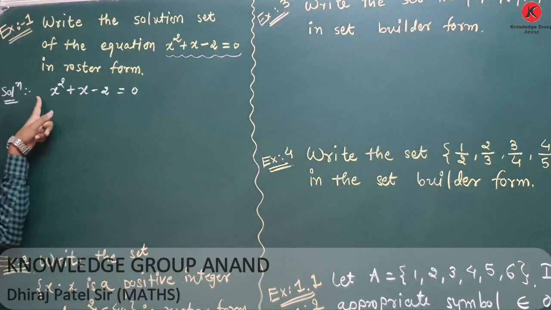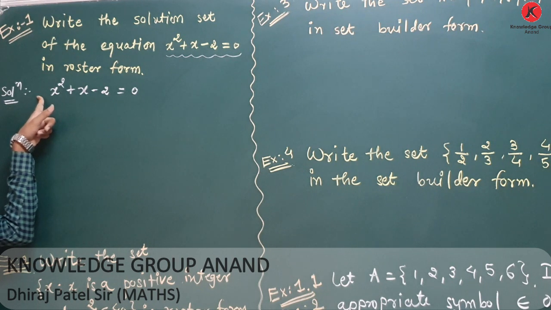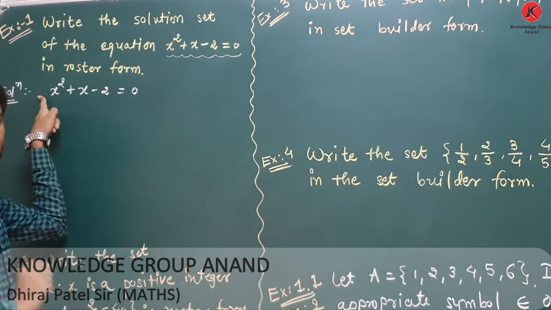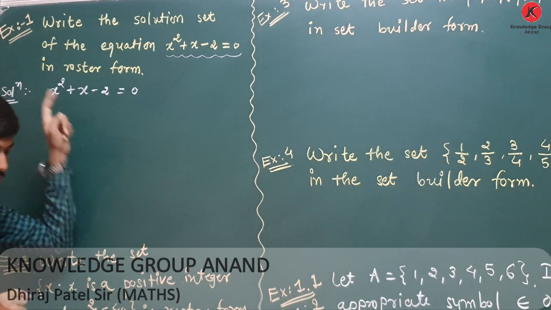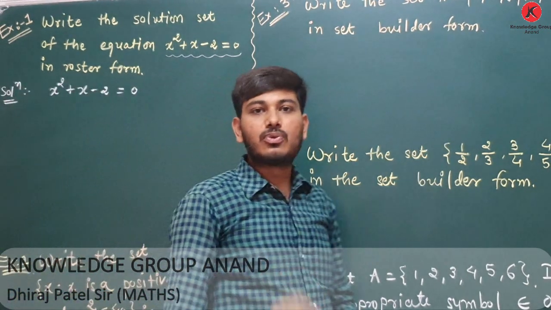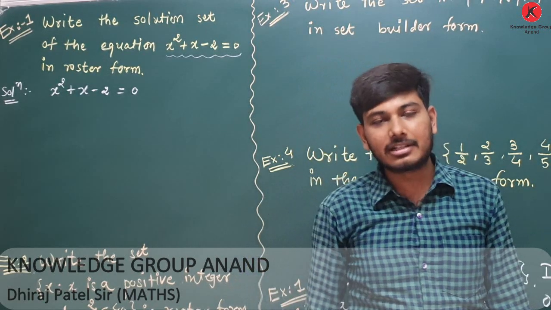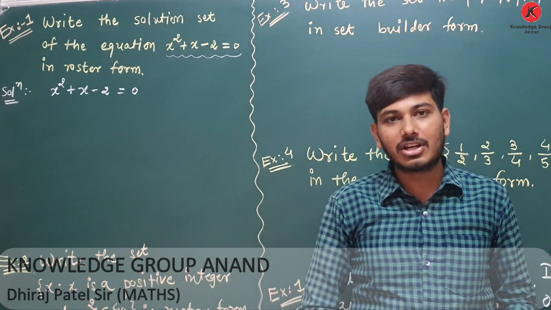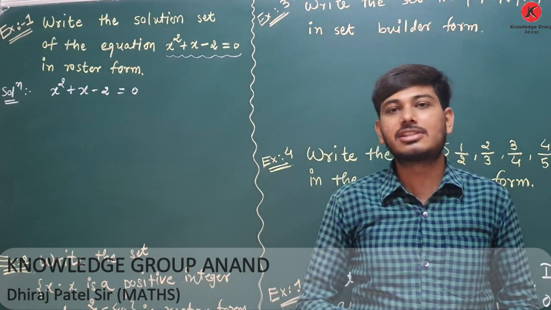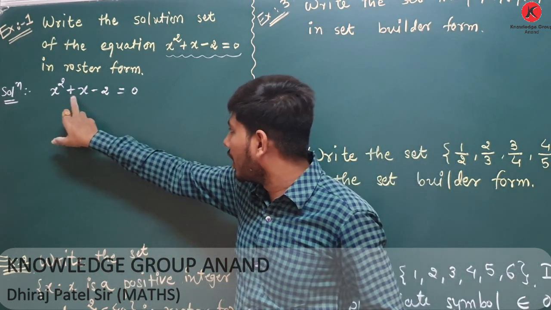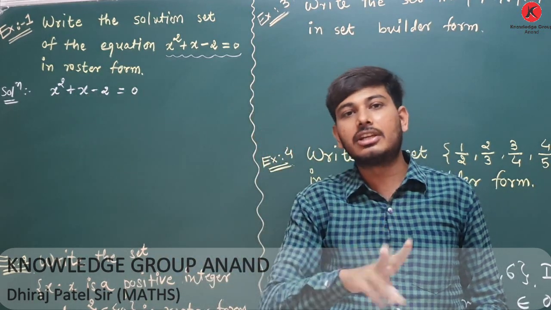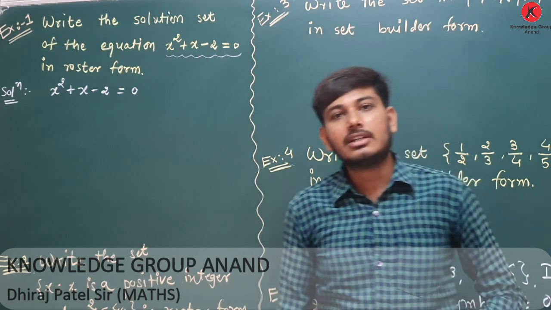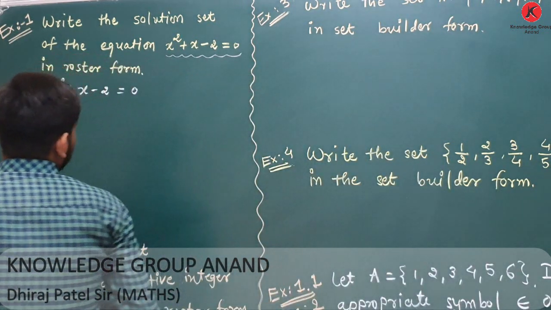Now see here, the coefficient of x square is 1, the constant term is minus 2, and the multiplication of 1 and minus 2 is minus 2. Therefore, we have to factorize minus 2 such that the addition is plus 1 and the multiplication is minus 2. This is the calculation of splitting the middle term.